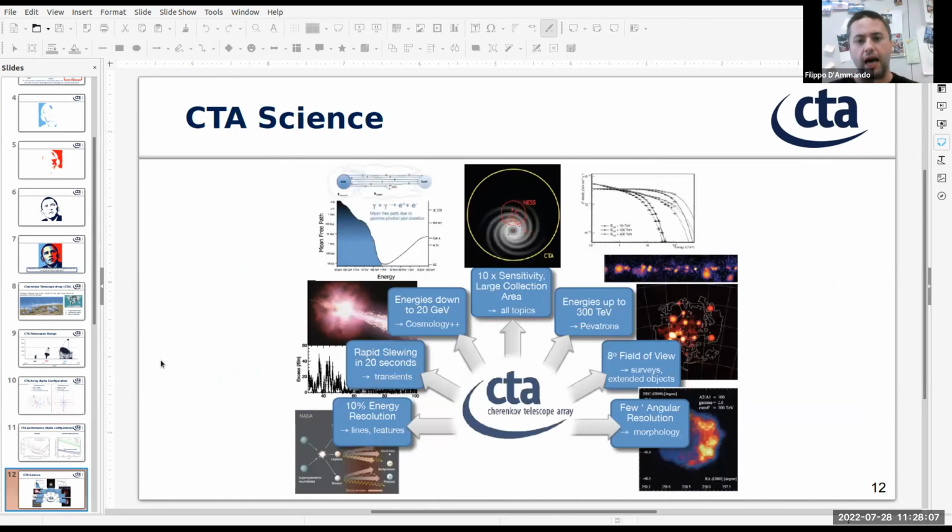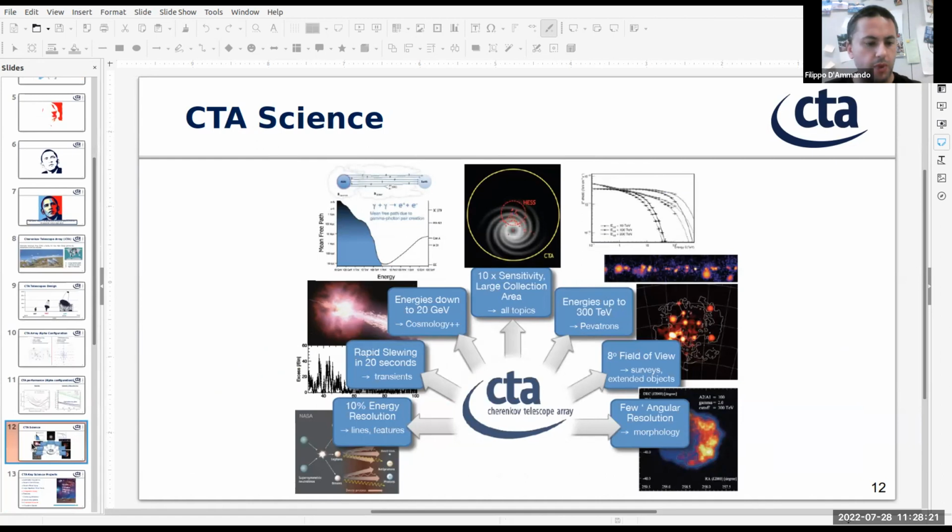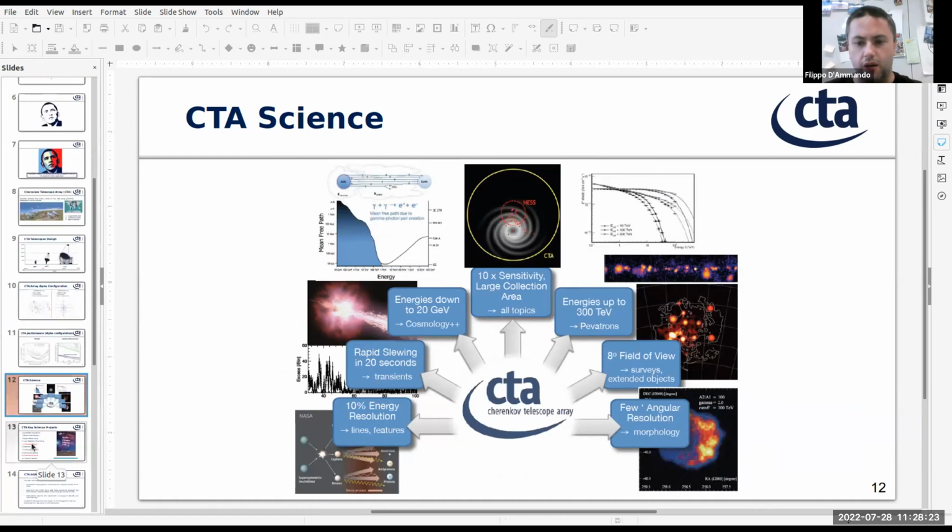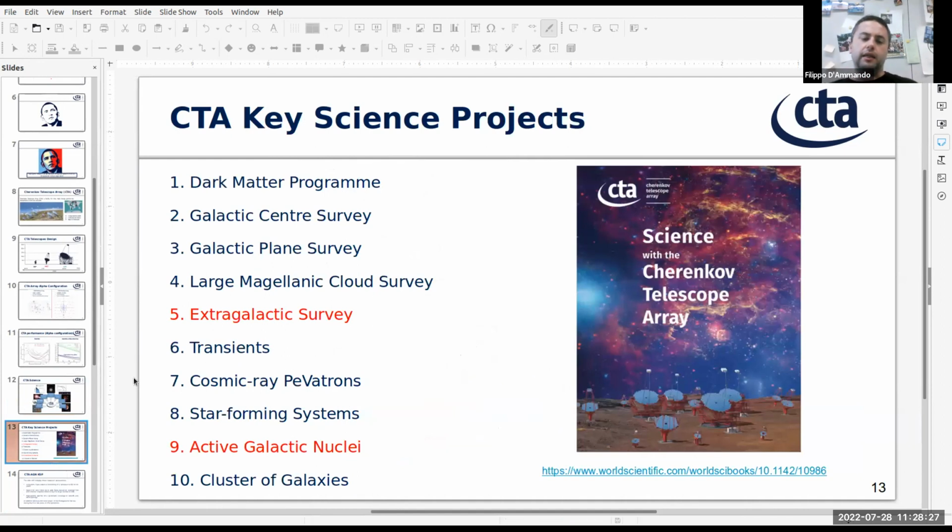CTA will cover a large amount of science themes and with different capabilities that will be improved with respect to the current generation. Here you can see just a combination of all what will be the improvement, and the CTA consortium will have some key science projects.